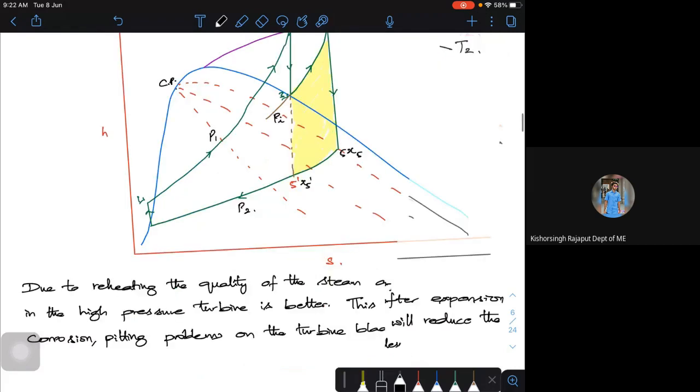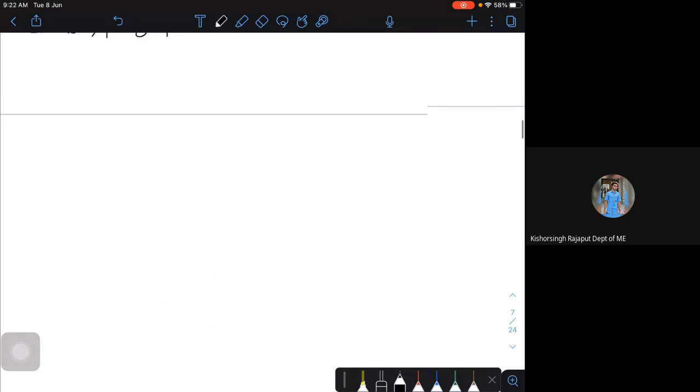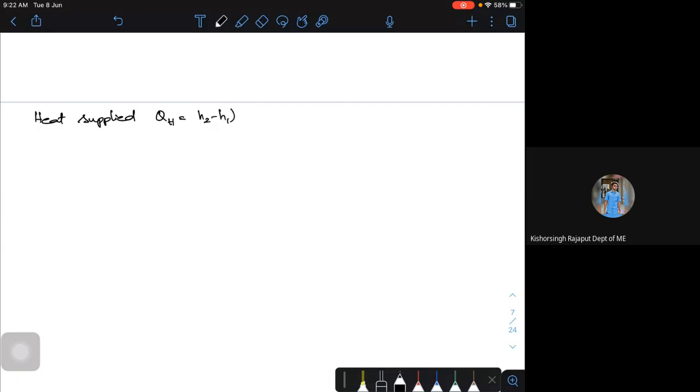So the heat supplied due to reheating, or in a reheat cycle. The heat supplied, I call it QH, is equal to H2 minus H1, that is in the boiler, and then H4 minus H3 in the superheater due to reheating.